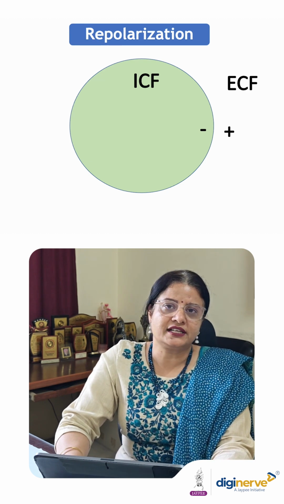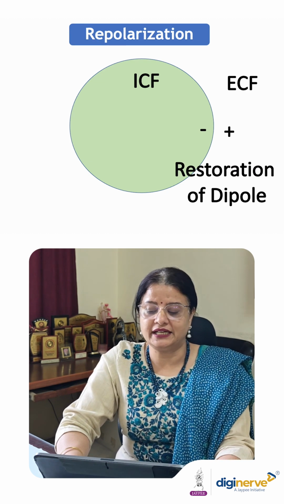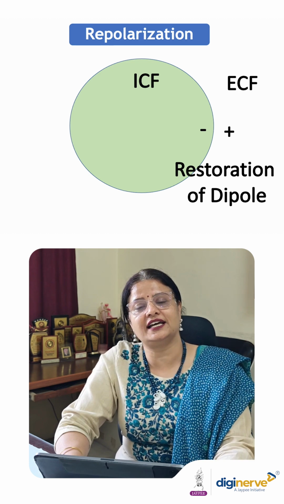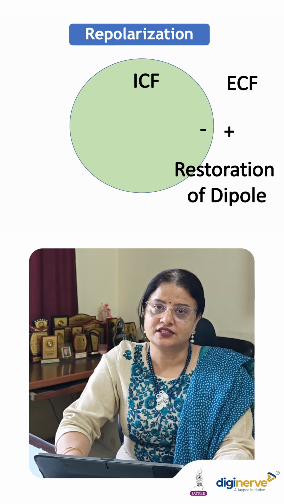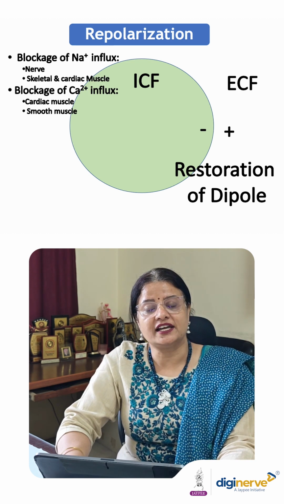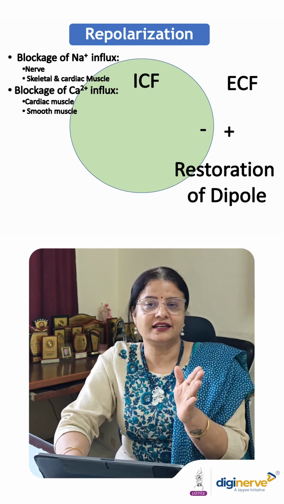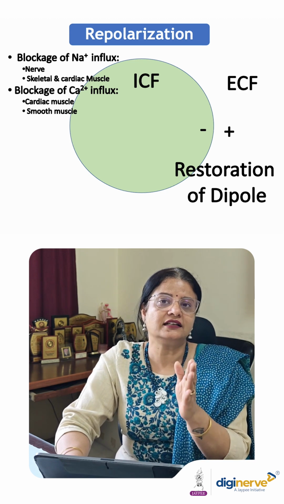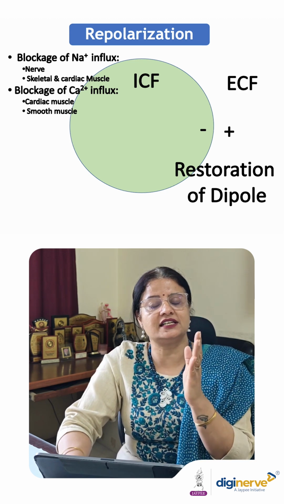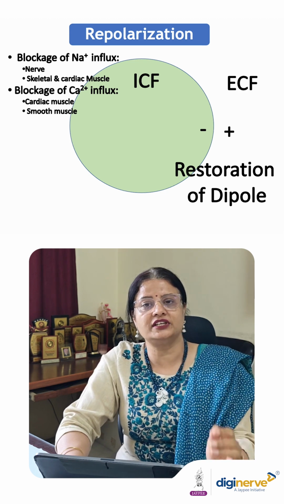Repolarization is when the dipole is maintained or restored. So here the positive ion is stopped from entering the cell and the excessive positivity is moved out of the cell.